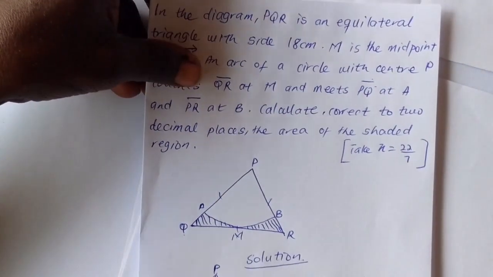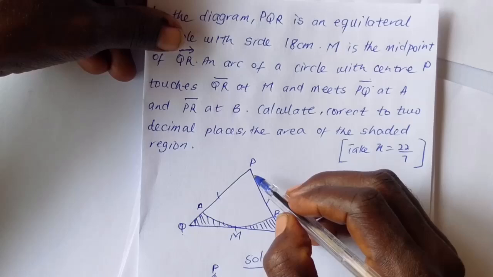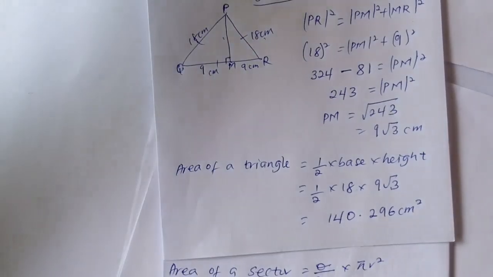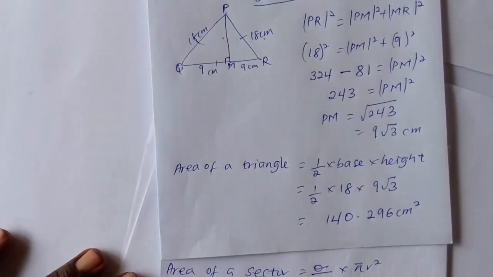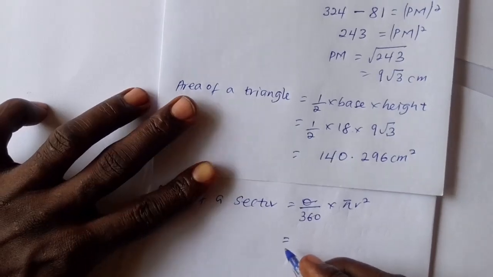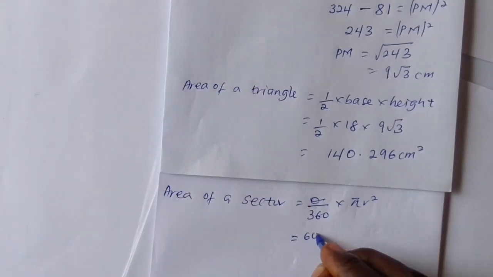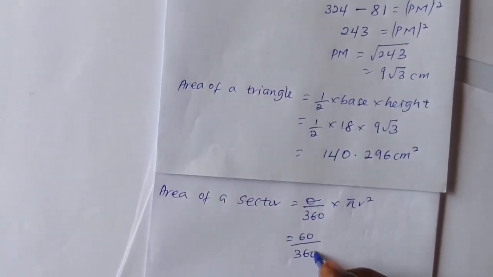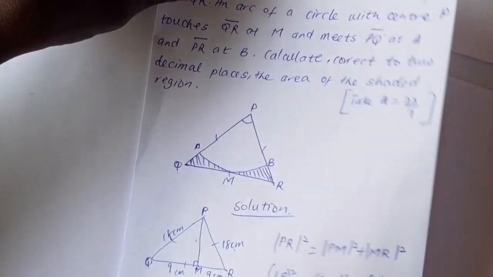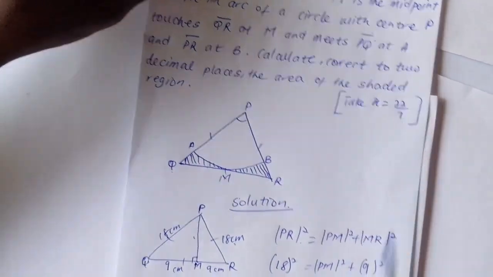So here, that is our theta. With this, then I have 60 over 360 times pi. The question said you should take pi as 22 over 7.